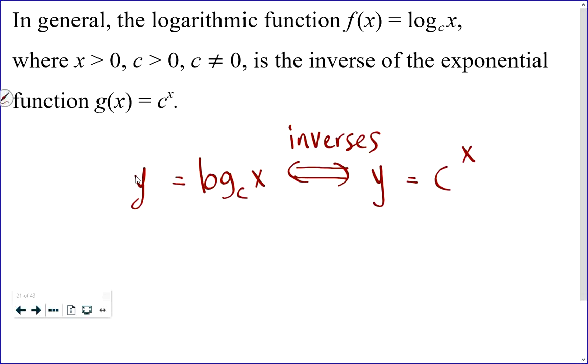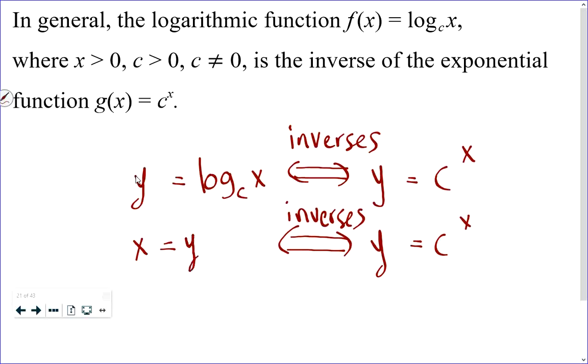Why are these things inverses? Well, I want to run through this with you again, and I know this gets repetitive. But again, you need to focus. Why are they inverses of each other? Because if I said to you, take this y equals c to the x and write the inverse, it is found by switching x and y.